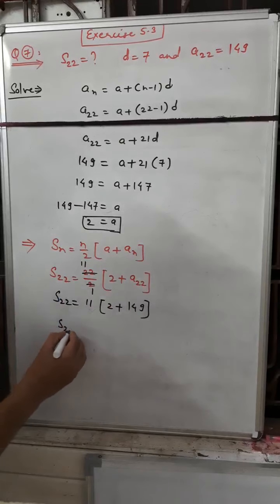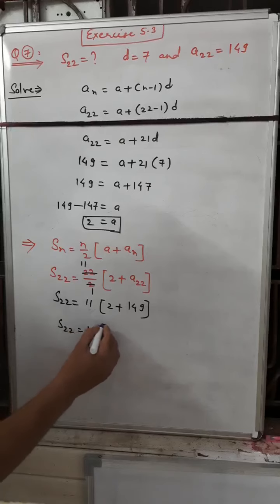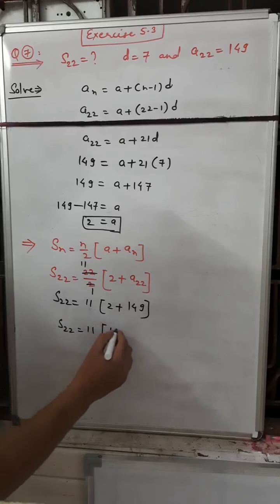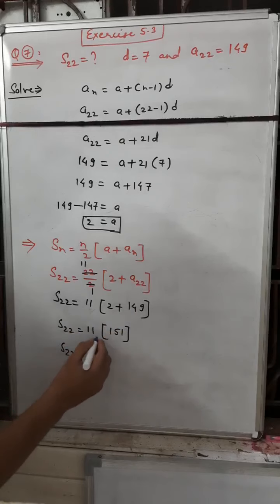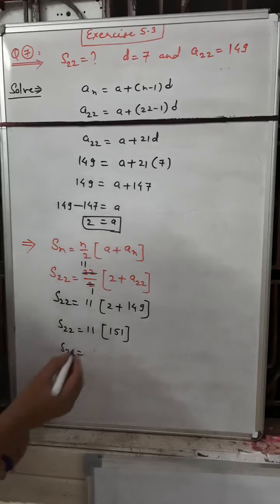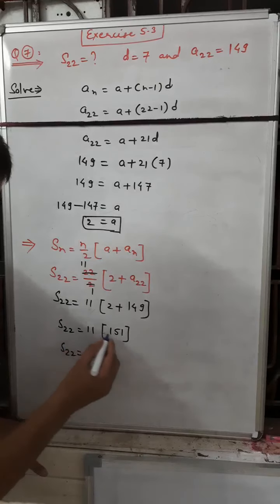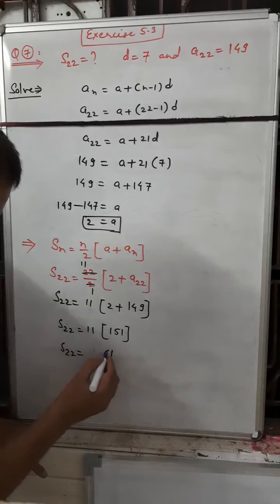Now S22 is equal to 11 into 151. Multiplying 11 by 151: 11 ones are 11, carry 1, 11 fives are 55, 56, 5, 11 ones are 11 plus 5, 16.